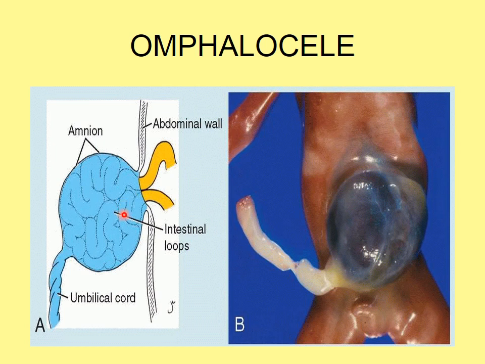They remain here in the umbilical cord, and it is covered by a reflection of a membrane, that is, a membrane of the amnion. Here you can see they are covered by a membrane, that is a reflection from the amnion. So they are not exposed to the amniotic fluid.